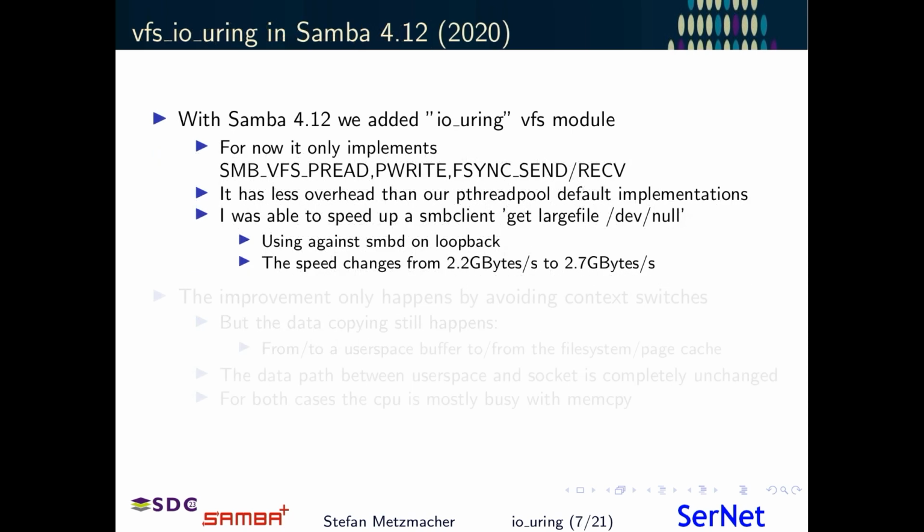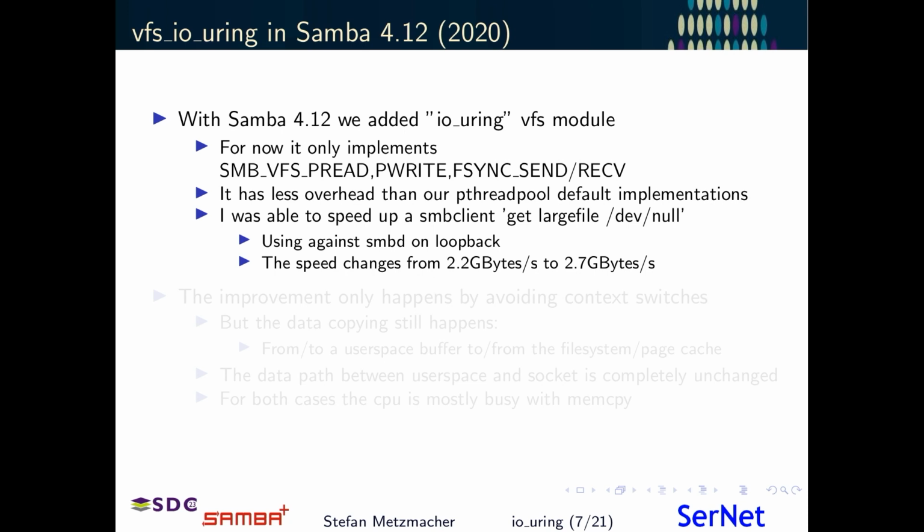So the history with io_uring in Samba started with the 4.12 release, where I added the io_uring VFS module to Samba, which uses the pread, pwrite, and fsync calls, and that is basically there in order to replace the thread pool we are currently using in the default backend.